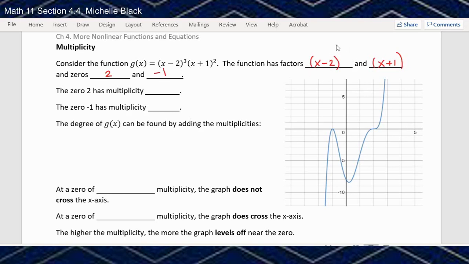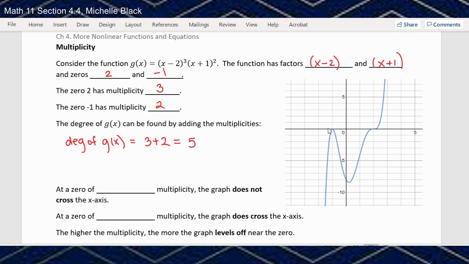Notice that the factor which gave me my 0 of 2 was power 3. So my 0, 2, has multiplicity 3, and my 0, -1, came from a factor that was power 2, so this has multiplicity of 2. I can find the degree of g of x by adding up all my multiplicities. So the degree of g is going to be 5.